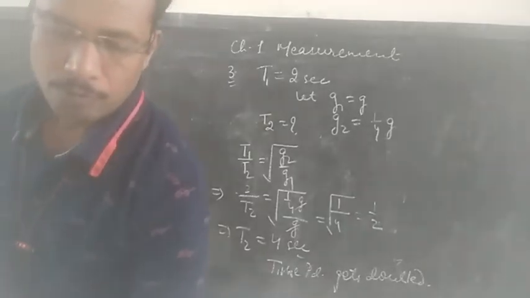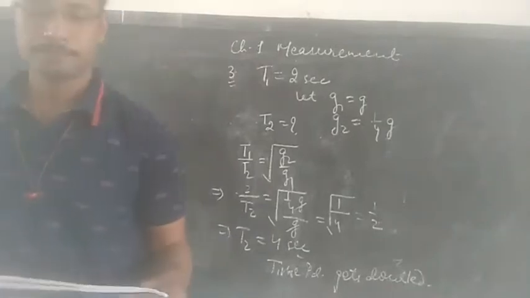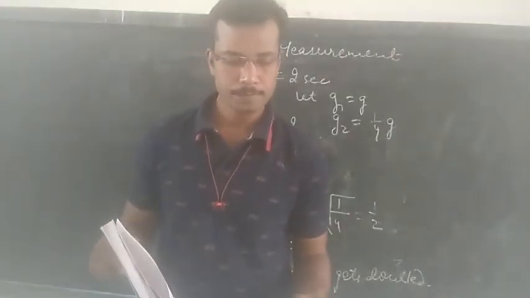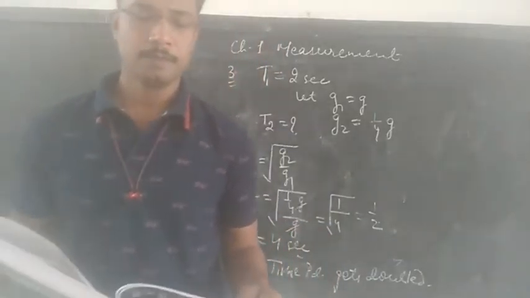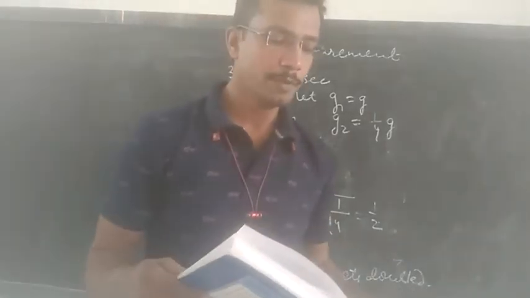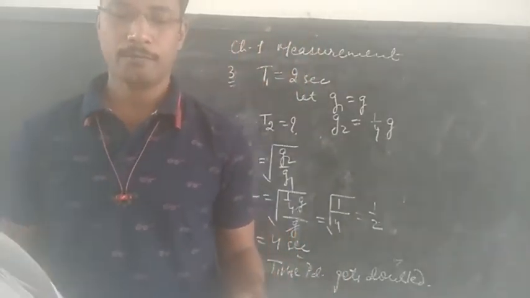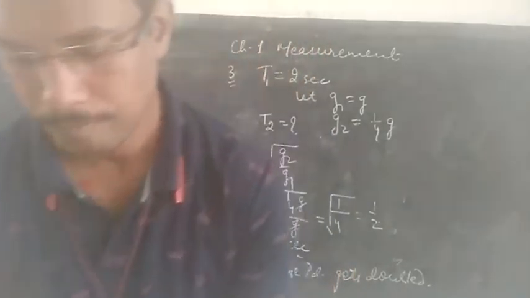Let us come to one more question from the same exercise. We can see question number 7. The time periods of two simple pendulums at a place are in the ratio 2:1. Then what will be the ratio of their lengths?